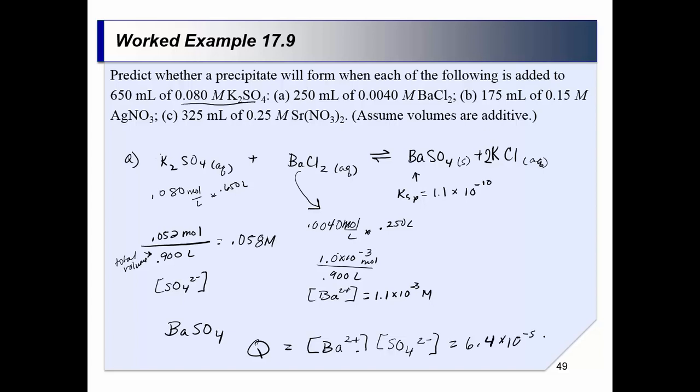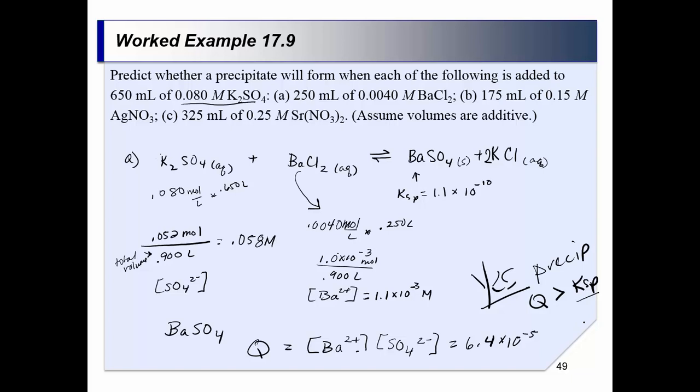So now I need to compare that to my K value. And in this case, the Q value is much greater than the KSP value. Therefore, yes, there will be a precipitate. And there will be a precipitate because Q is greater than KSP. We have more ions in solution than the KSP will allow. Therefore, we will have a precipitate.